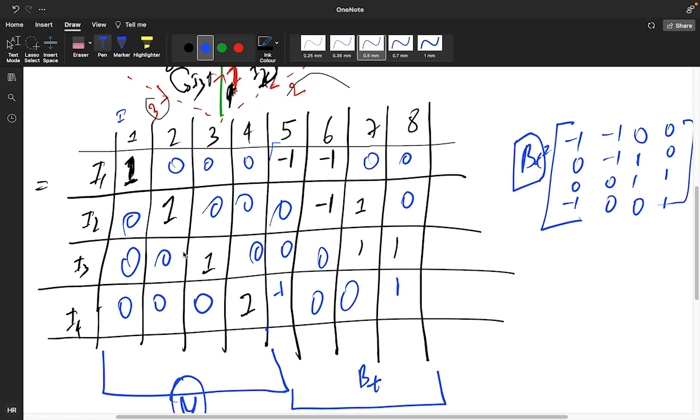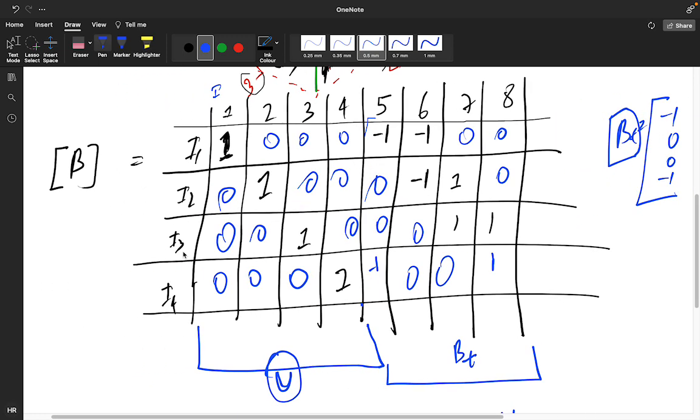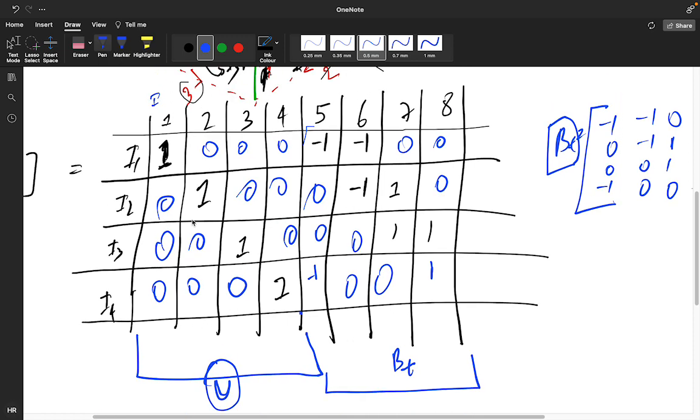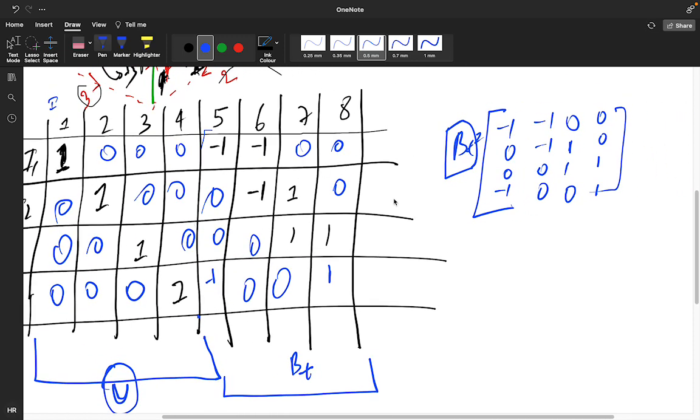So remember one thing, the basic point is that we use the Tieset matrix for finding the KVL. The Tieset matrix is represented by B, that is nothing but U augmented with BT. So if anyone asks you, the Tieset matrix represents all the things here.